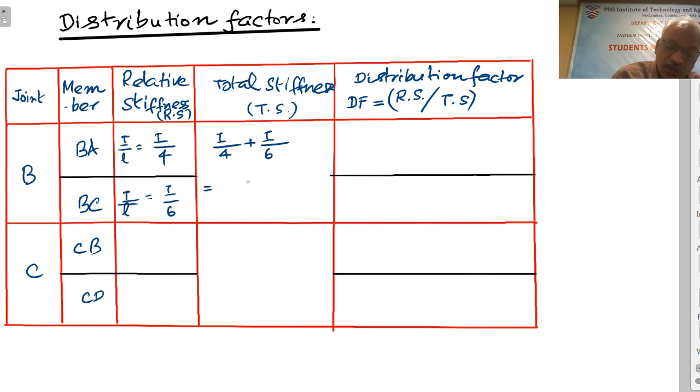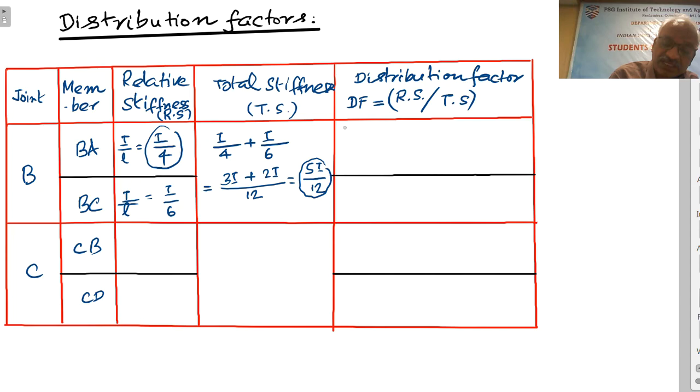The common LCM is 12. Therefore this is 3I, this is 2I, equal to 5I by 12. So this is I by 4, and the total is 5I by 12.